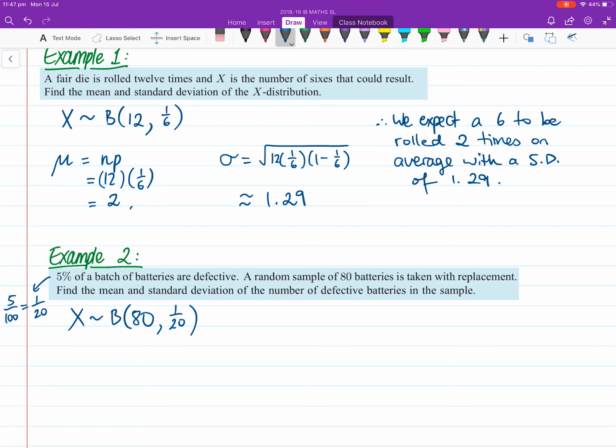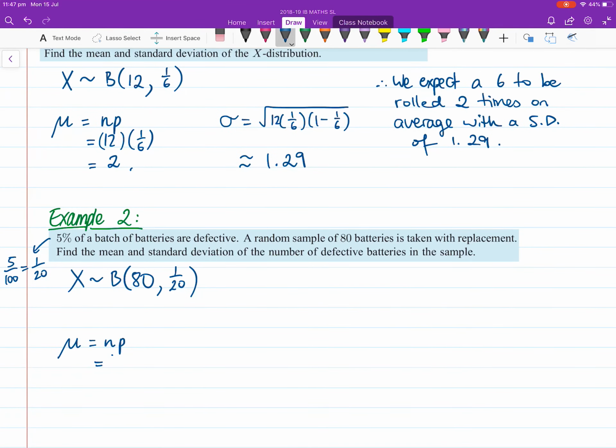That's the probability. Let's do the mean: mu equals np, so 80 times 1 on 20, so our mean is 4. Then the standard deviation is sigma equals the square root of 80 times 1 on 20 times 1 minus 1 on 20.